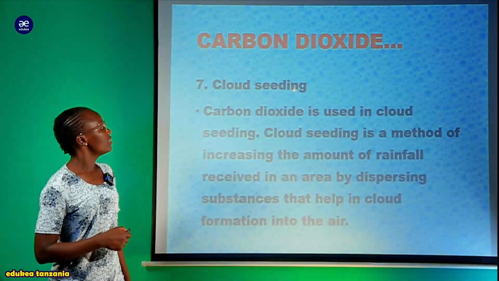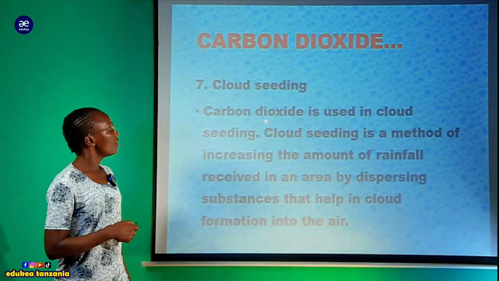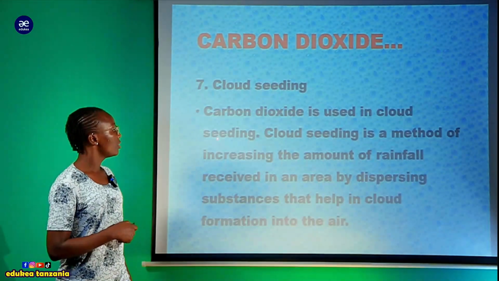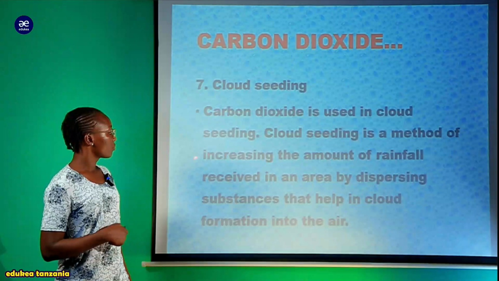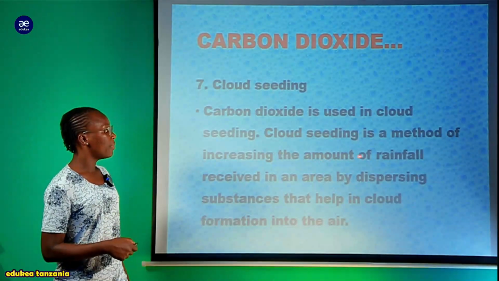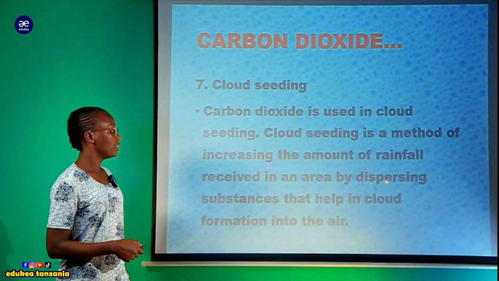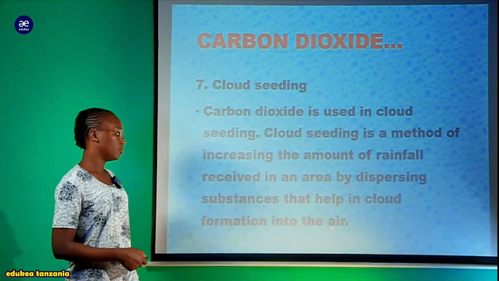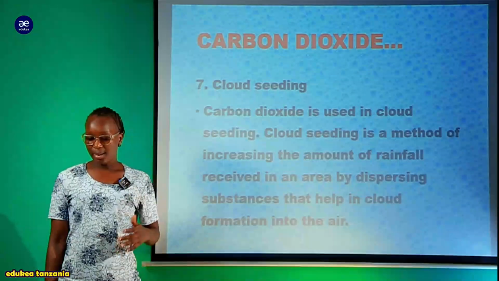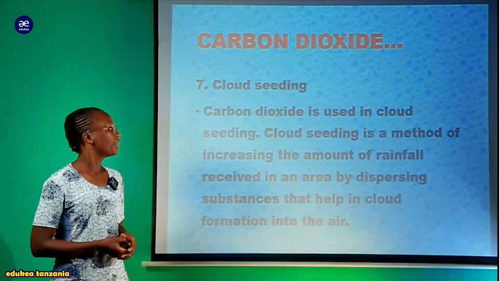Another use is cloud seeding. When we talk about cloud seeding, my student, carbon dioxide is used in cloud seeding. Cloud seeding is a method of increasing the amount of rainfall received in an area by dispersing substances that help in cloud formation in the air. So carbon dioxide gas is used in this cloud seeding method.